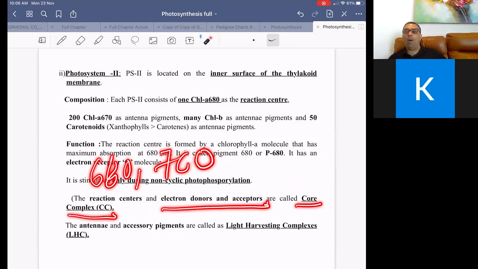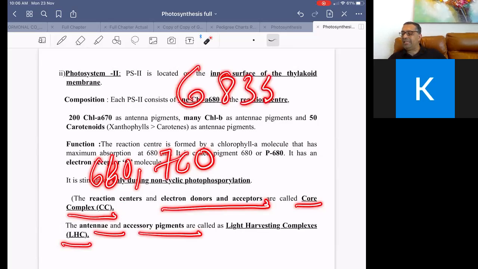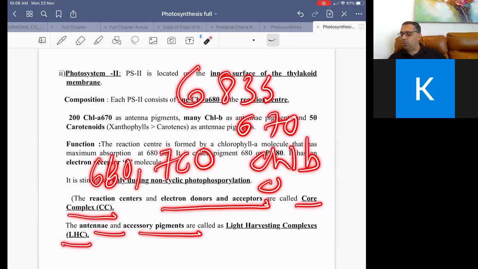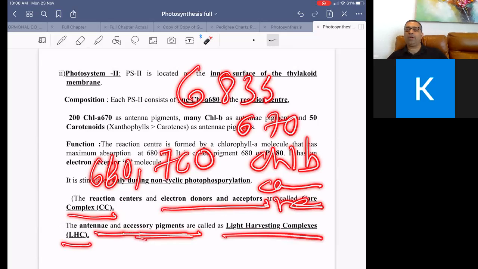And all the antennae and accessory pigments, that is 683, 670, chlorophyll B, carotene, xanthophyll, are called the light harvesting complex.